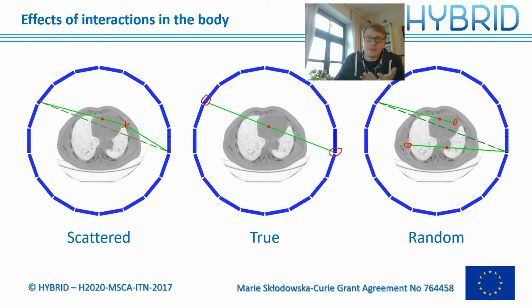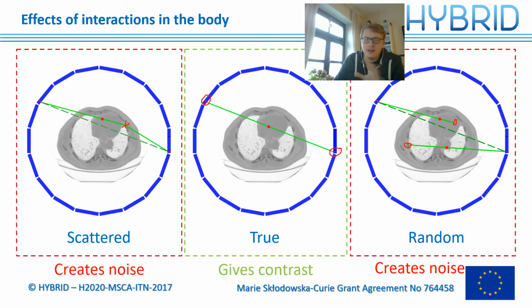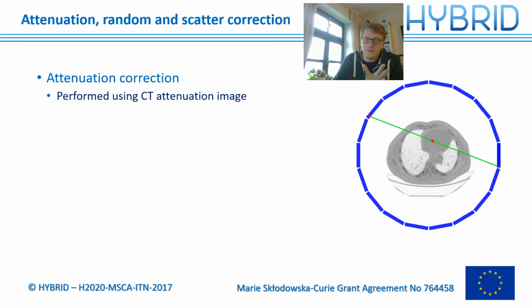So why is this really interesting? This basically is giving us contrast. This is what we want, and this is just what we absolutely do not. So usually if we do corrections, for example with the absorption, we can do that using the CT image. If we have this coincidence and we measure it, that is good, but it is less of a problem than interaction here.